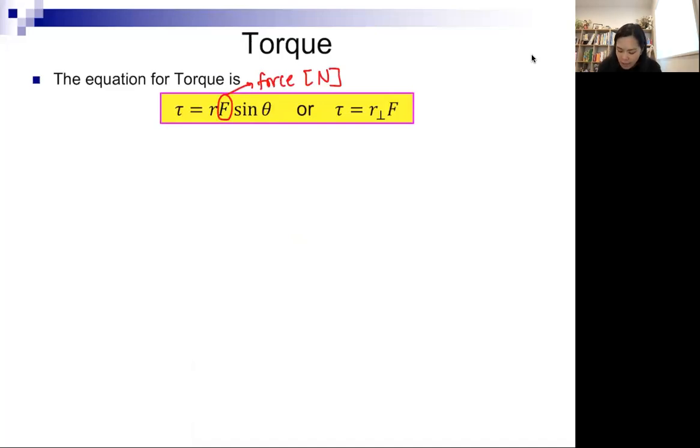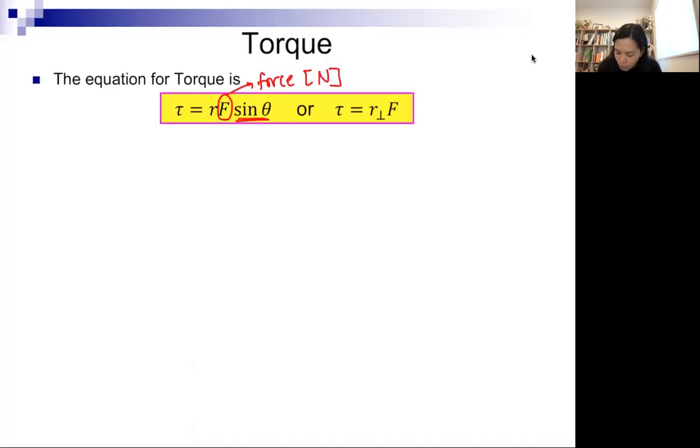The sine theta in this equation tells us about the torque depending on the direction in which you push or pull on the object. I'll talk more about this sine theta in a moment, but usually this is the basic definition for torque. But when we start to analyze torque, we won't really use this sine theta often.